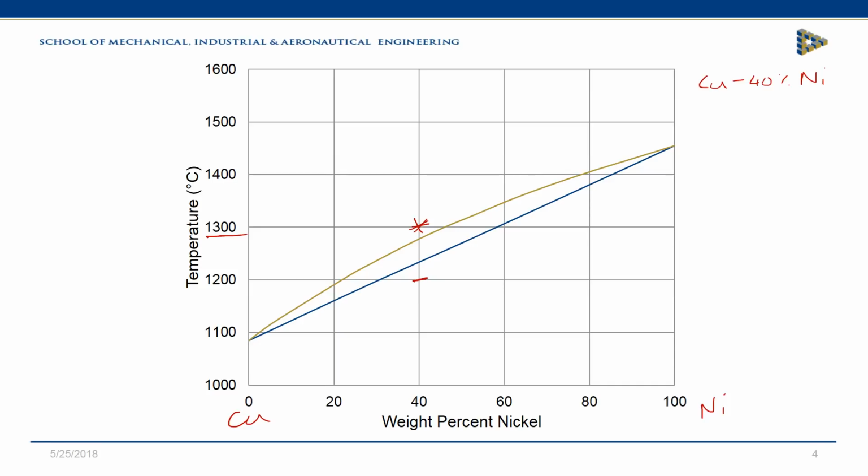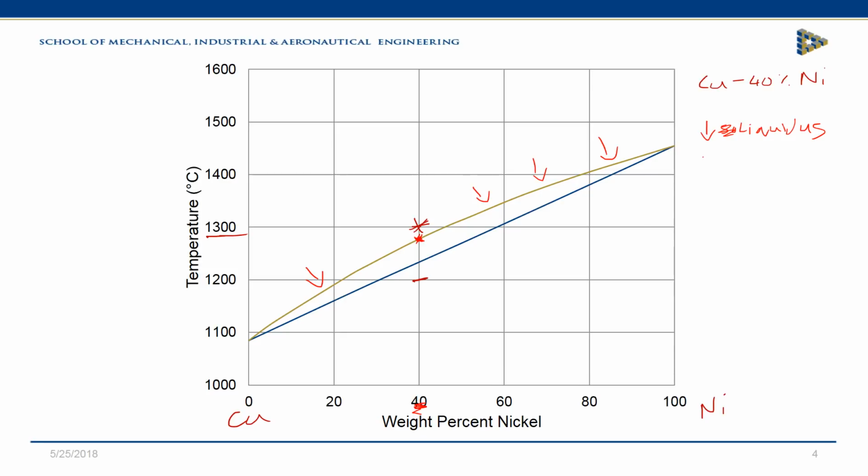Now, I know that anything below my liquidus line will start to solidify. So as soon as I am below this line, solidification starts. If I've got a 40% nickel alloy, I know if I'm sitting just below that point there, solidification is going to start.